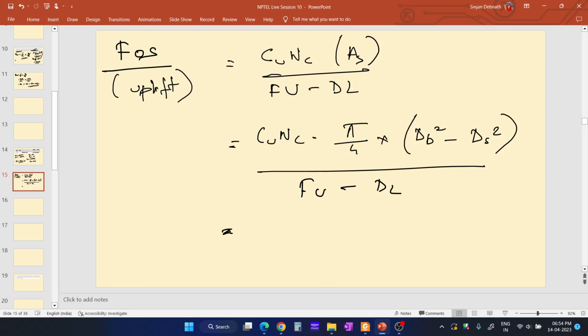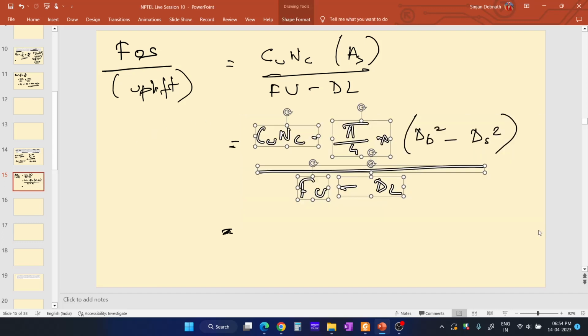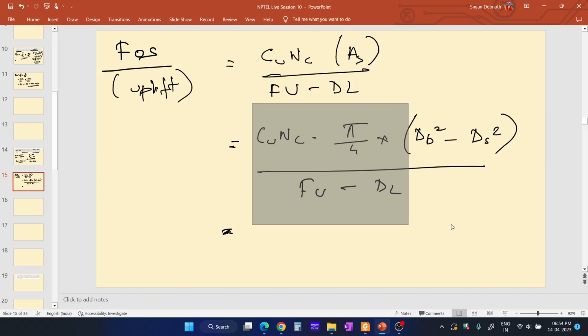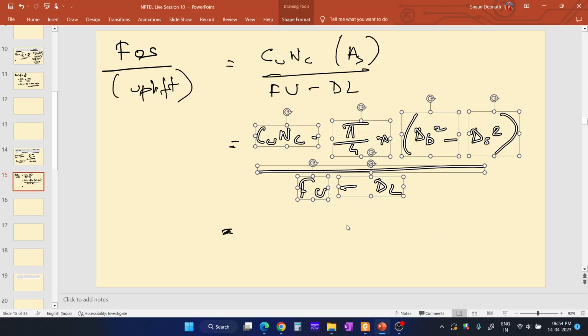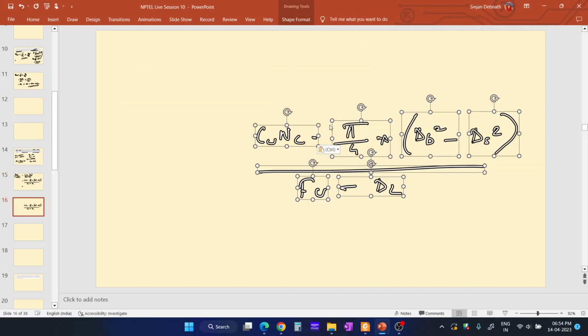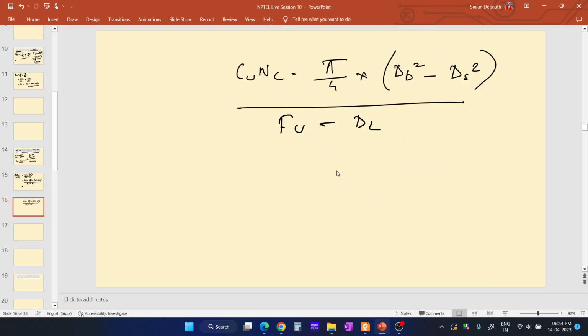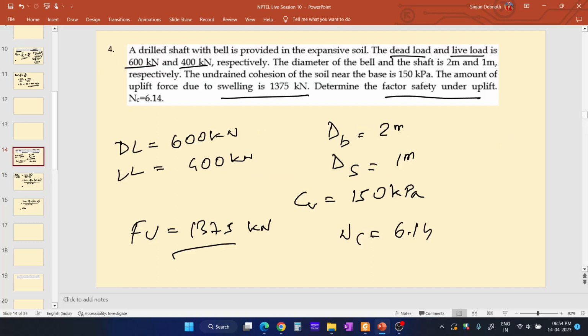Let me write this equation once again. What is the value of Cu? It is 150 kilonewton per meter square. And how much is Nc? The bearing capacity factor is 6.14.